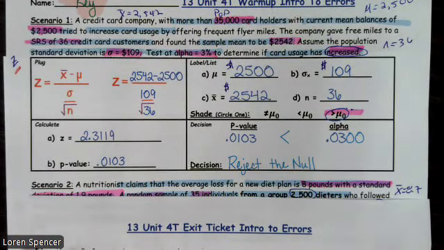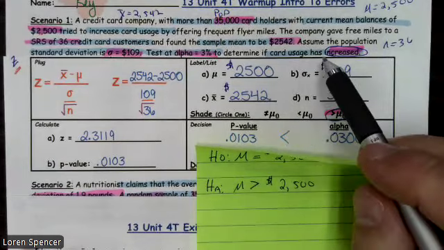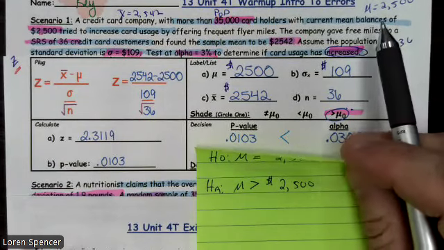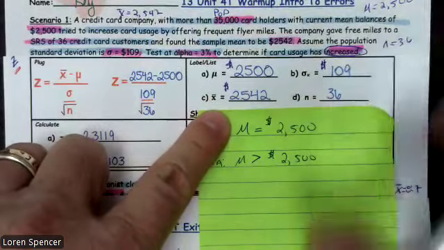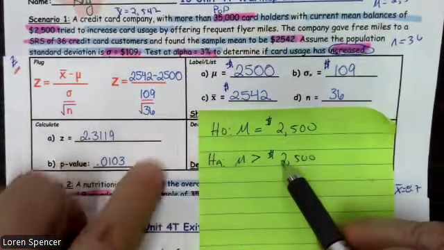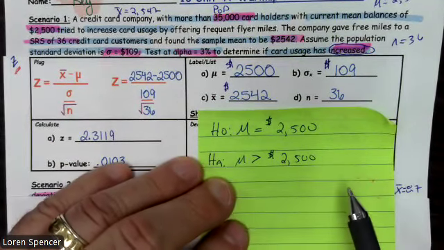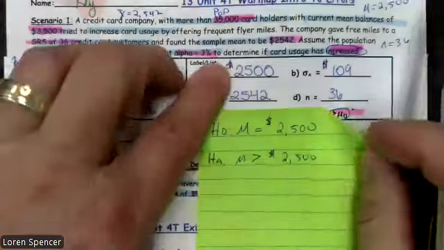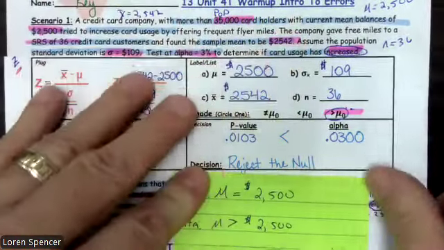But we need to pay attention to what our null and alternative were. Well, they wanted to see if card usage had increased. Increase is the key word. Originally we had card usage of 2,500 and we wanted to see if it increased. Our decision was to reject the null.